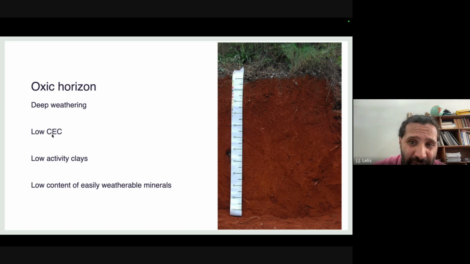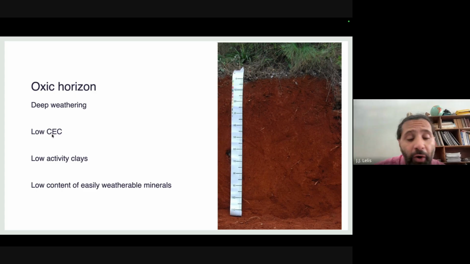So they cannot register, they cannot absorb a high amount of cations, and then they cannot register a high CEC. So in the oxic horizon, we basically register low CEC because we don't have minerals with a high specific surface there.